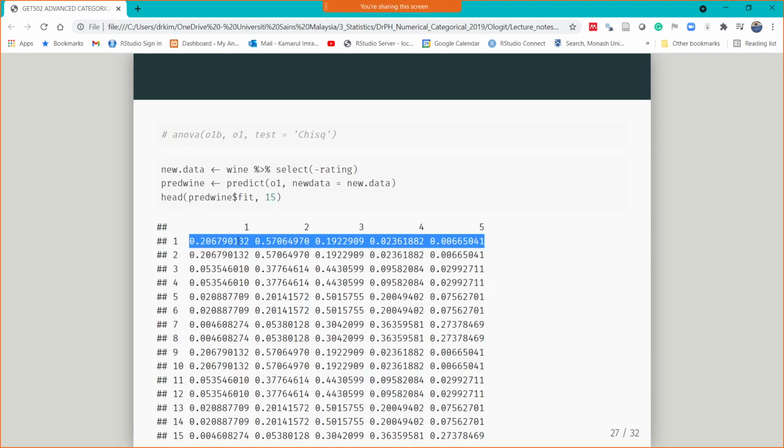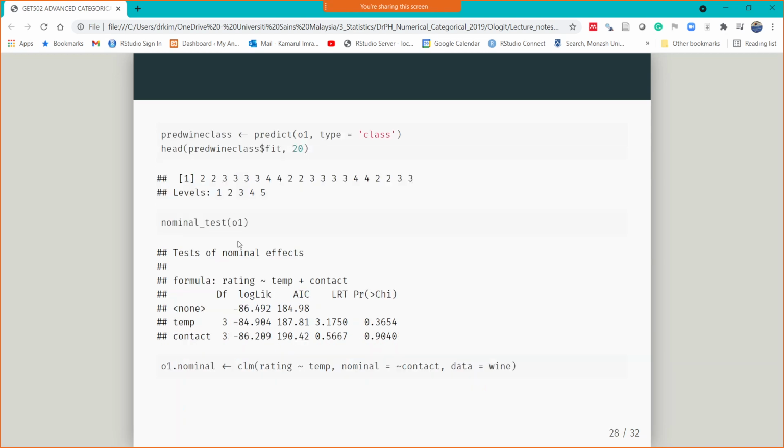This will produce the predicted probability. You can also produce the predicted class. So I use the same function predict, the same model O1, but now I'm using type equal class, and it will tell you the predicted class for observation number 1 until number 20.